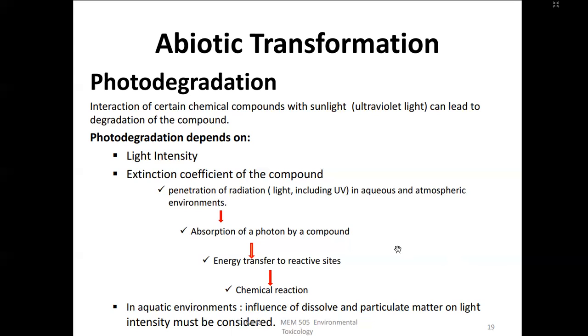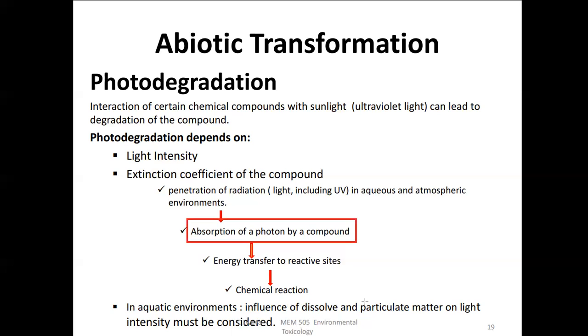A compound may allow light to pass through it, but its ability to absorb energy in terms of photons is to a very, very great extent. So if a compound is able to absorb more heat, it's able to degrade very fast. That falls under the extinction coefficient of a compound.